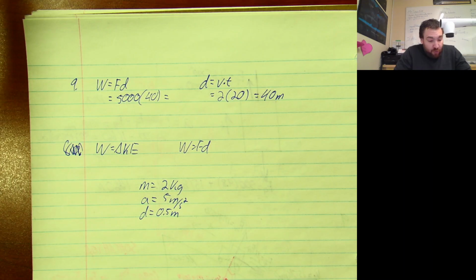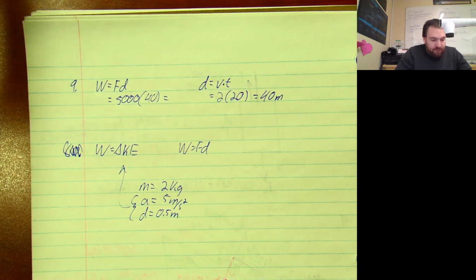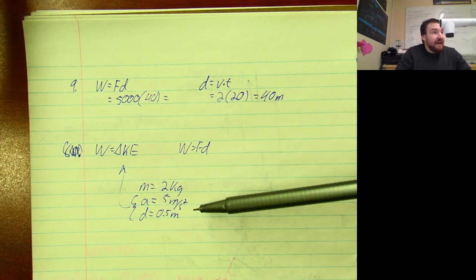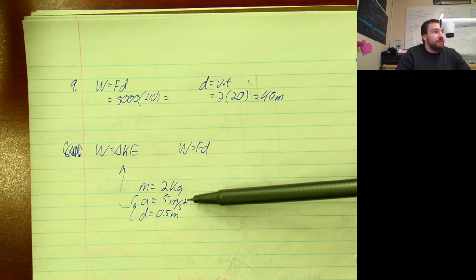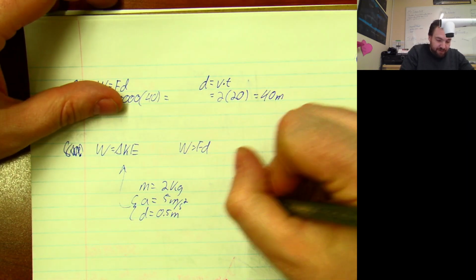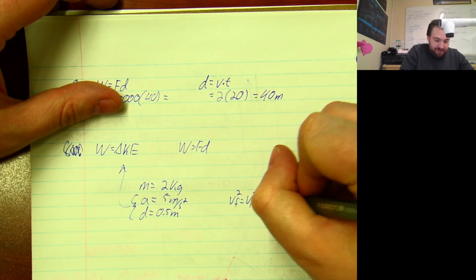So you could use this information in changing kinetic energy. We would assume that the initial velocity was 0, and we have to find VF using VF squared equals VI squared plus 2AD.